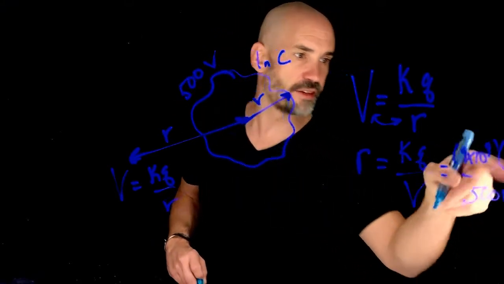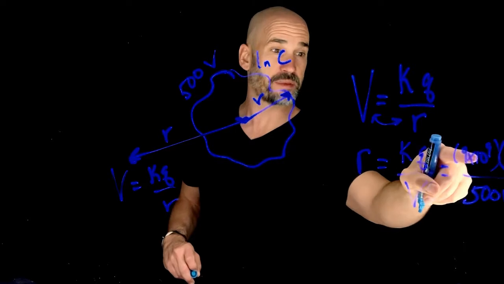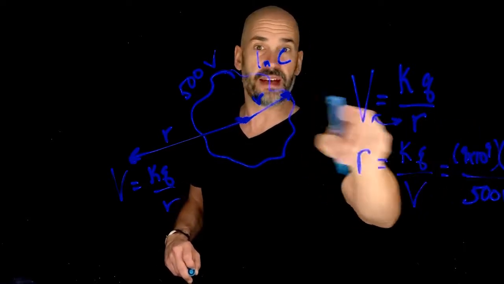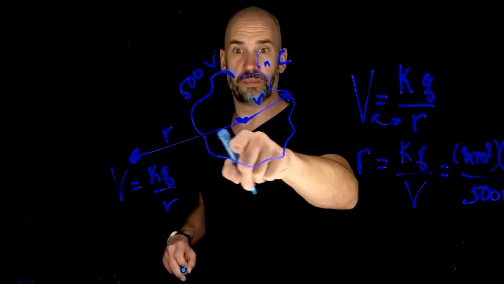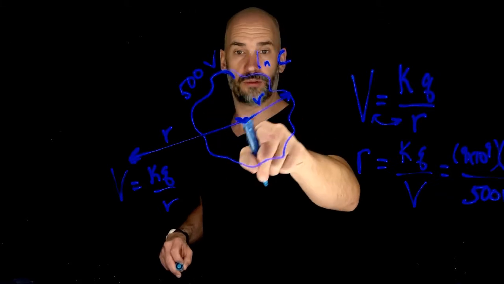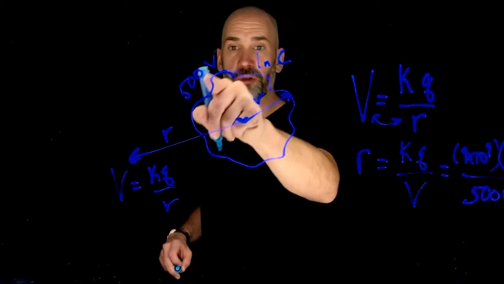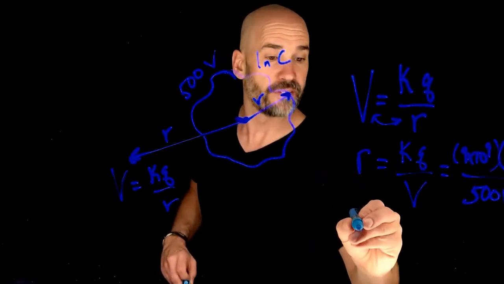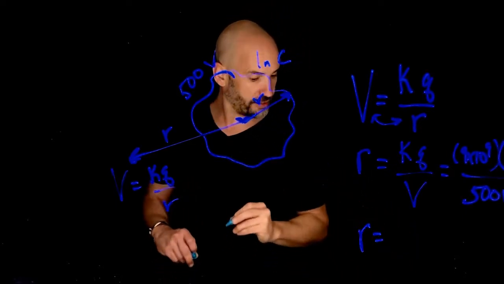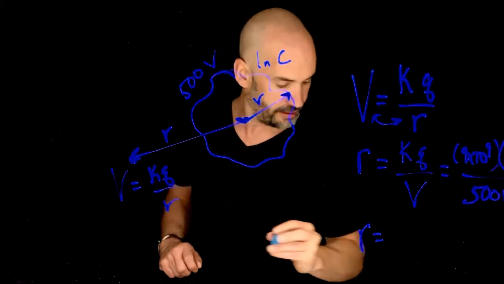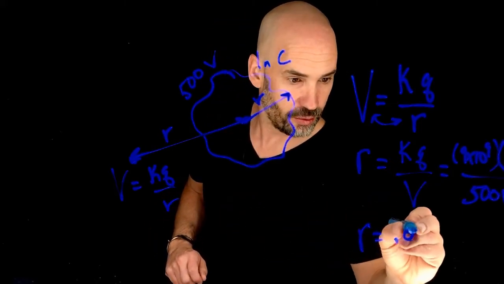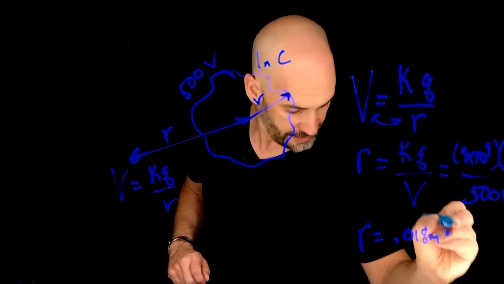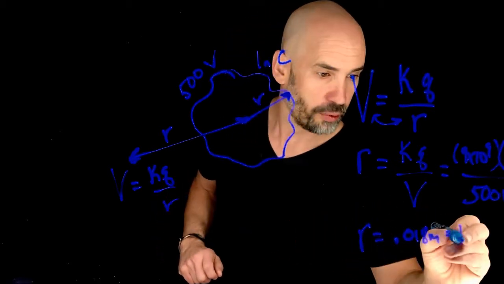All right, so in case that's off screen, I'm just going to say it's 9 times 10 to the 9 times 10 to the minus 9 coulombs that has been accumulated on this water sphere, divided by the voltage at the surface, and we want the radius of that surface. And if I put all that into my calculator, I get an answer of 0.018 meters, and that's going to be equal to 1.8 centimeters.